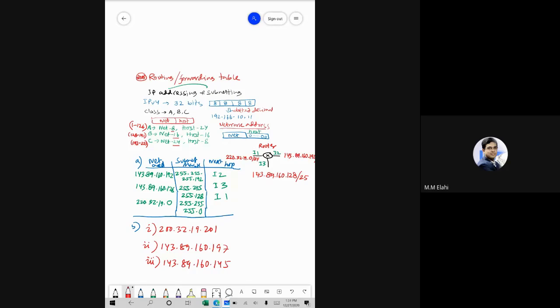The first octet value is 200 in the given destination IP address, right? But in the routing table, it is 220. So the first octet doesn't match. But visually it seems to match, so we think it is I1.